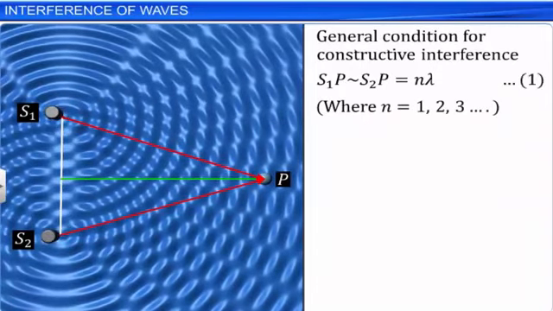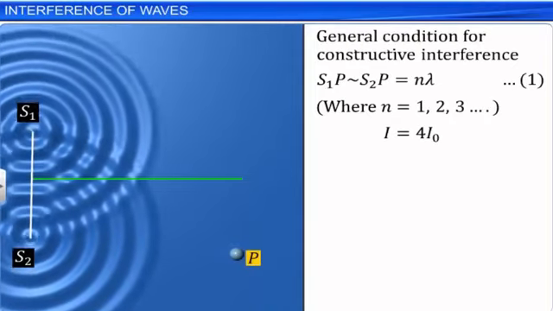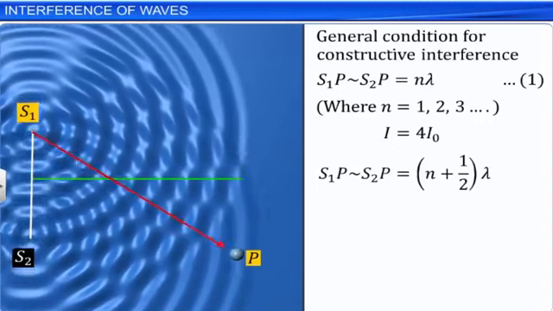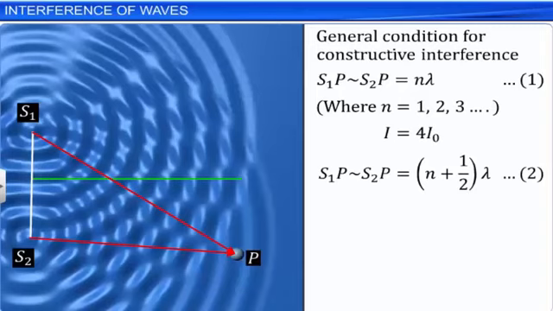At the point of constructive interference, the resultant intensity is 4 times the individual intensities. If the point P is such that the path difference between S1P and S2P is equal to n plus half into lambda, where n is a positive integer, then we will have destructive interference. Let this be equation 2. For destructive interference, the resultant intensity is equal to 0.